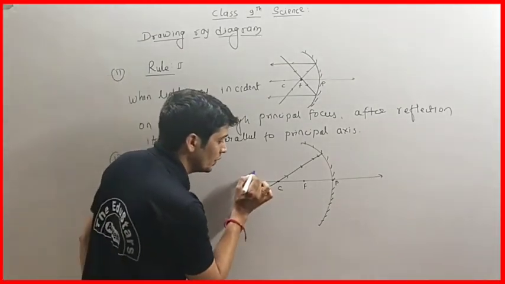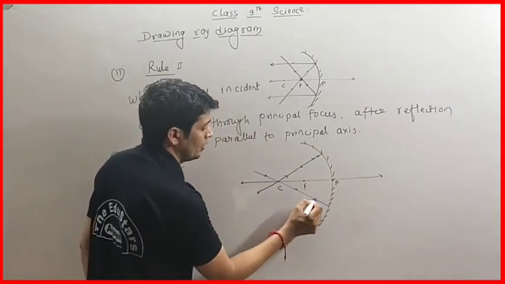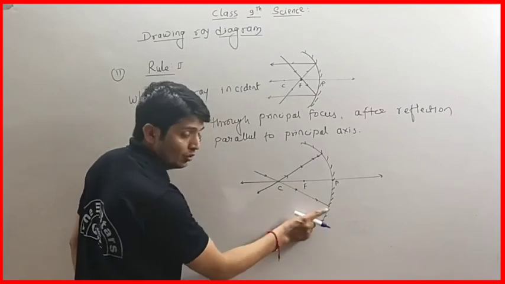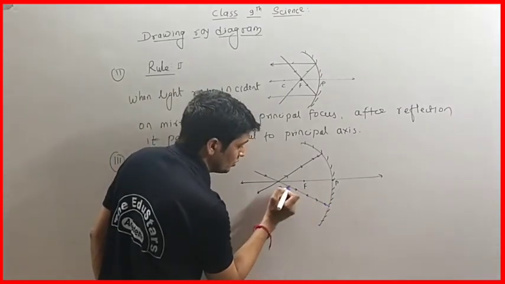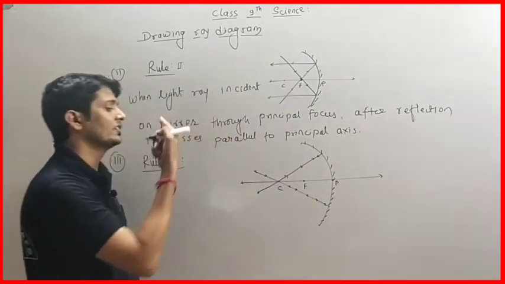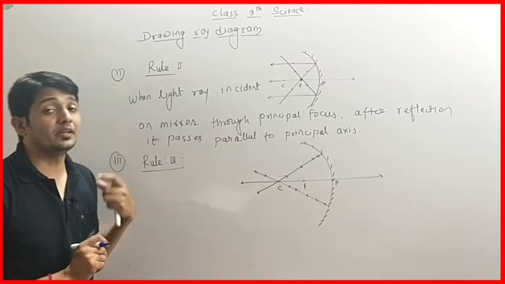So let's draw one more ray. This is the light ray which is incident on the mirror through the center of curvature. After reflection it passes through the same path; it will return along the same path. So this is rule number 3.